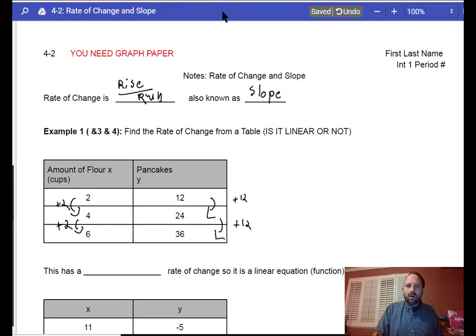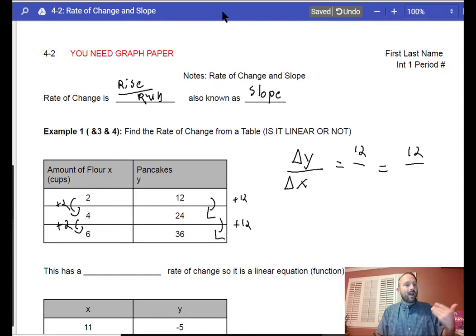Our delta y, our change in our rise, is 12. Our change in x, our run, is going to be 2. In each of these cases, it's the same fraction, same rate. It's 12 over 2, or 6 over 1, or just 6. But technically, it's 6 over 1.